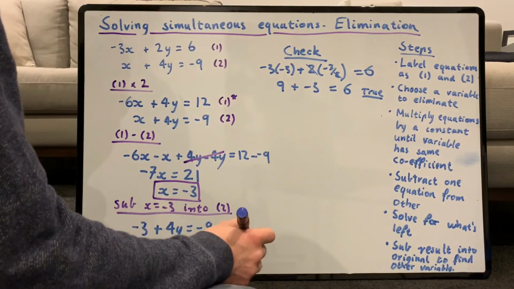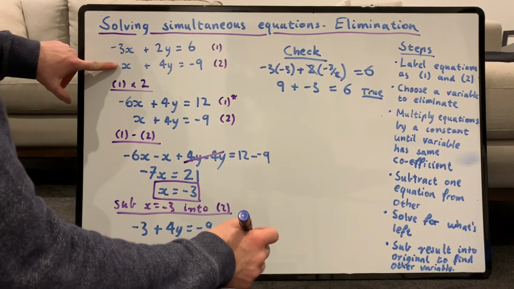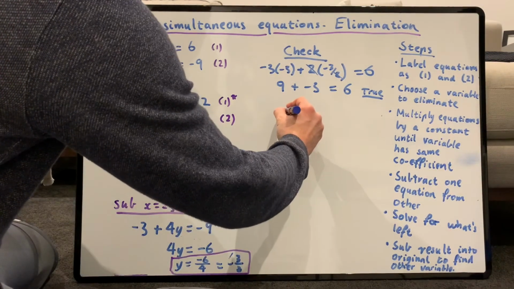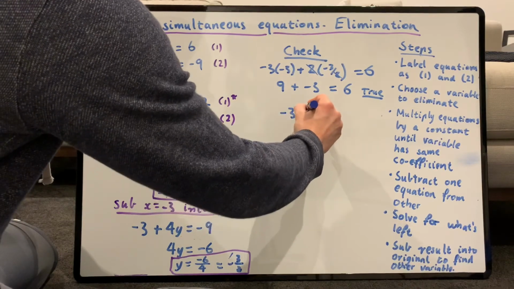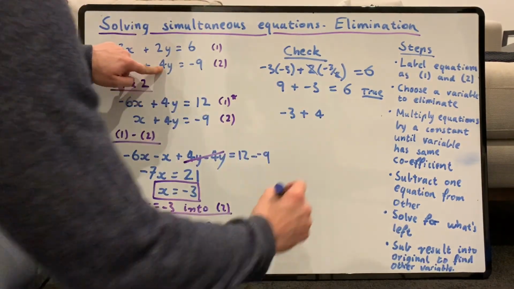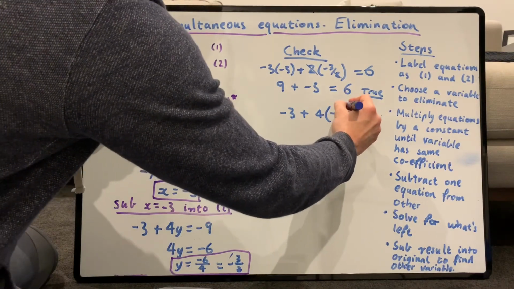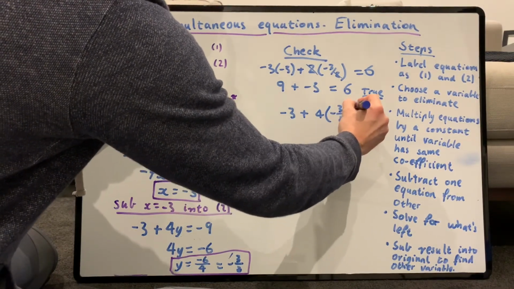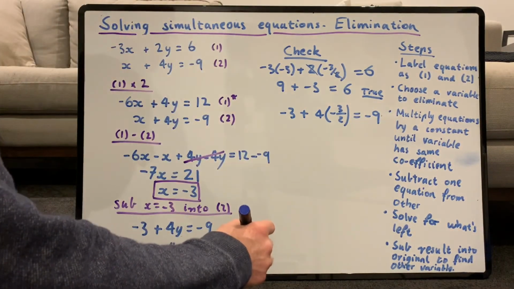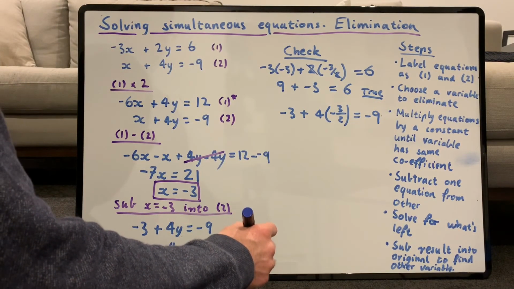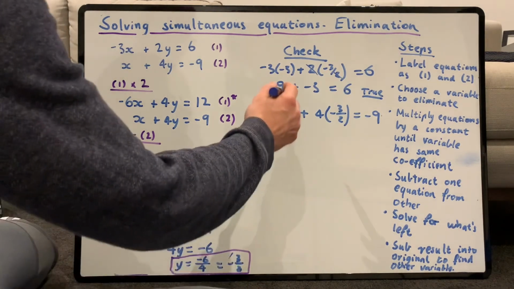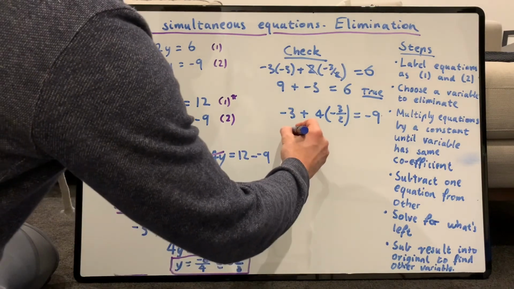Good. And the next equation, this one, x plus 4y equals negative 9. Negative 3 plus 4 times y, negative 3 on 2 equals negative 9. Is this true? Again, not super obvious that it is, but let's do some working and see if we can get it.